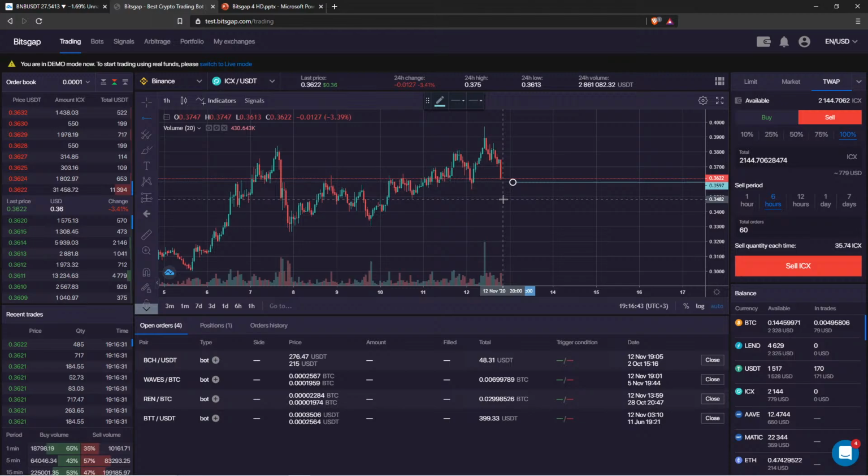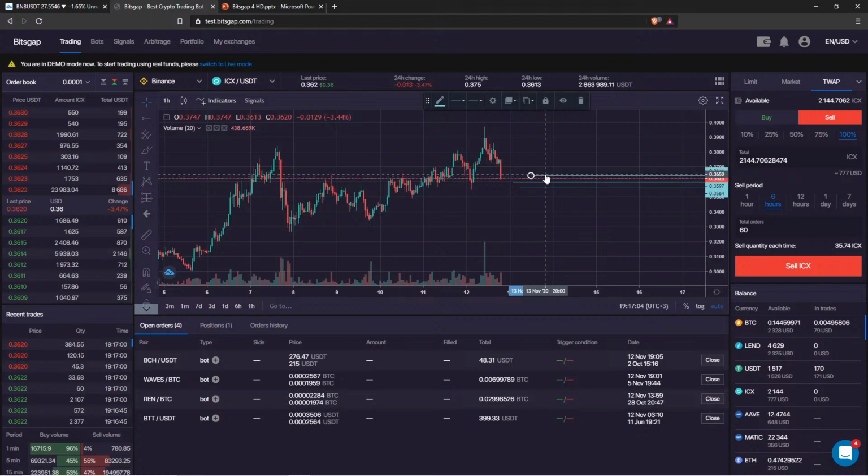Then the price of the crypto will move downwards and you will sell the next portion at this price. But what can happen is that some traders will buy back the crypto from the market, which will push the price a bit higher. So it can be the case that your third order will be executed at a higher price.